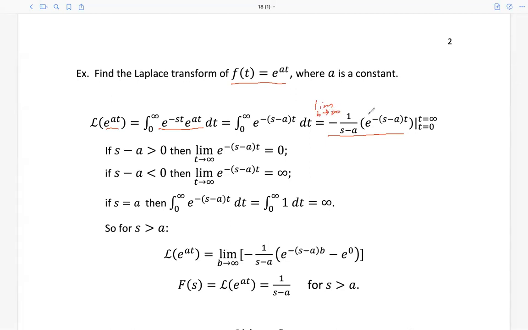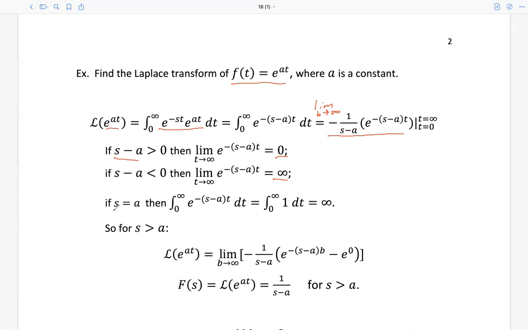So we have cases. If s minus a is greater than 0, that is, s is bigger than a, then the limit goes to 0. If a is greater than s, then the limit goes to infinity.